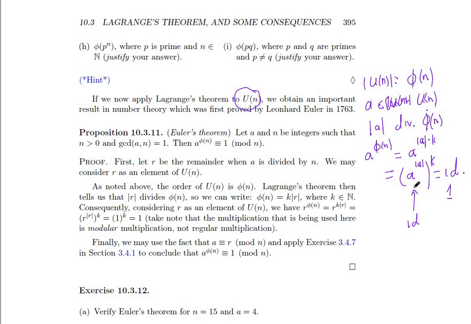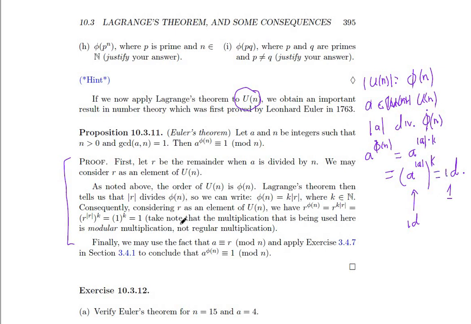And because this is a modular statement, it's true for any number that's modular equivalent to A. I was a little more careful with the proof in here, but the idea is similar: you take any element, raise it to phi of n, which is divisible by the order of A, so you get the identity.